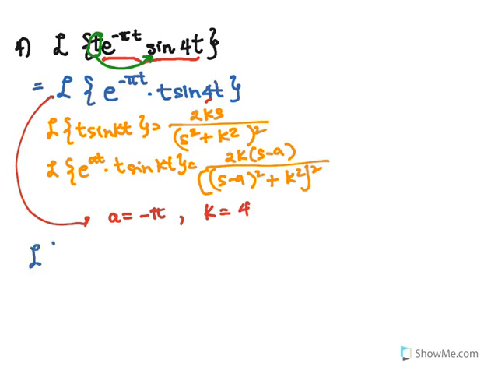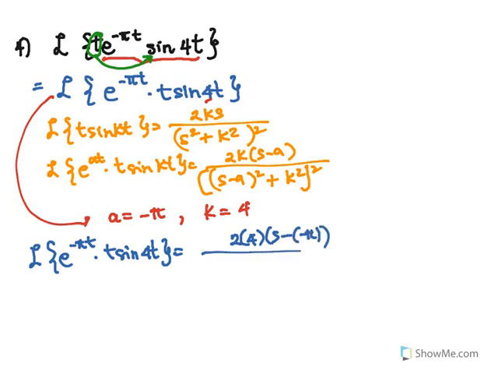The Laplace transform of e to the negative pi t times t sine 4t is equal to 2 times 4 times s minus a, so s minus negative pi, all over s minus negative pi squared plus k squared, so 4 squared, quantity squared.